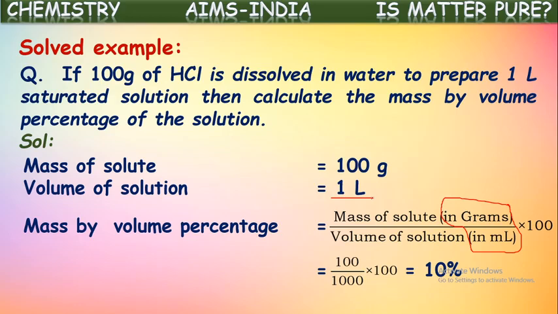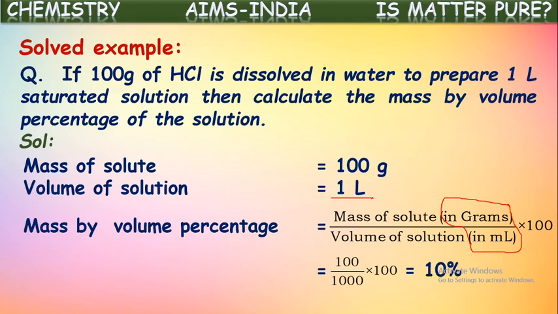What we have seen now: one of them is mass by mass percentage. Generally, for solutions in which the solute is a solid substance, they use the mass by mass percentage formula. The second one is volume percentage, or volume by volume percentage.